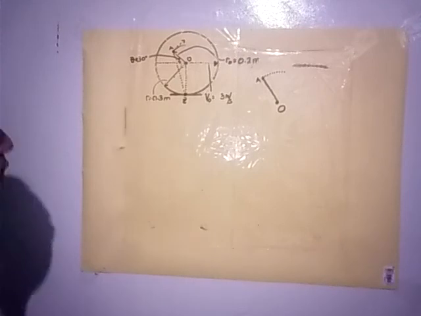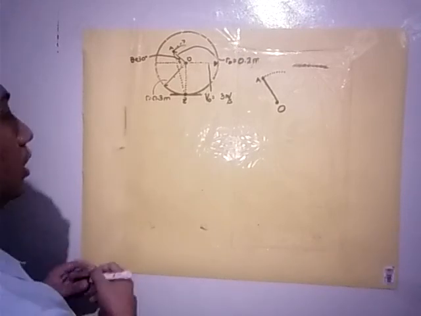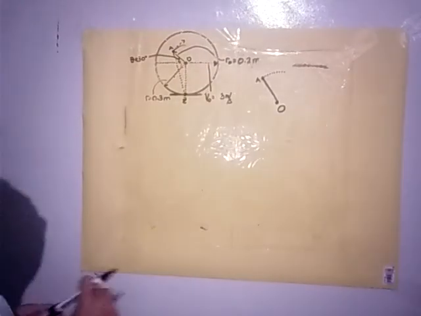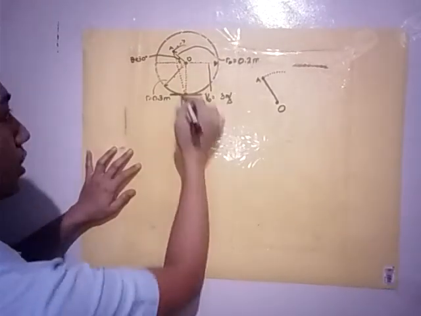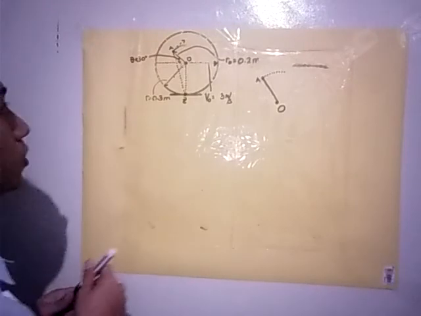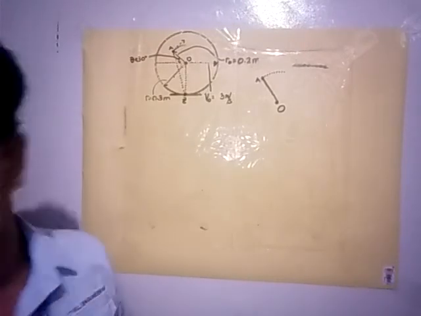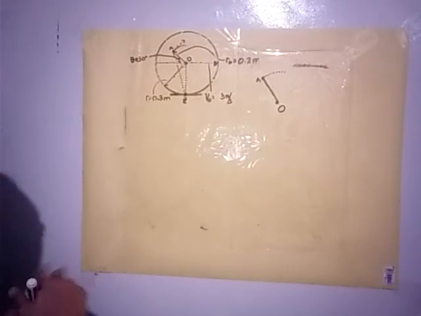As I said, I draw an imaginary line for us to solve the line AZ, which we will be using to calculate the velocity at A, which is also required for us.